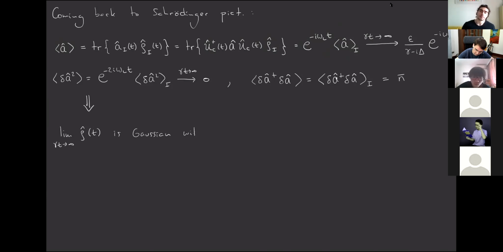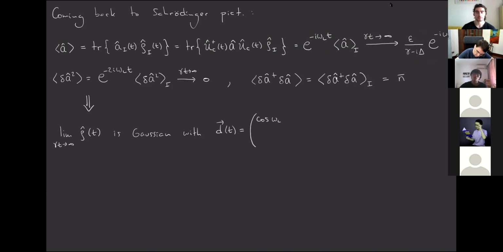with a mean vector d of t that just has the real and the imaginary parts of this, okay? So because of that, it can be written in this very simple form.